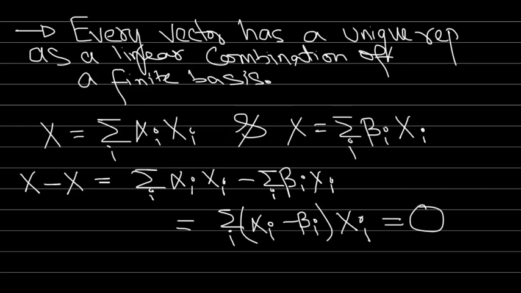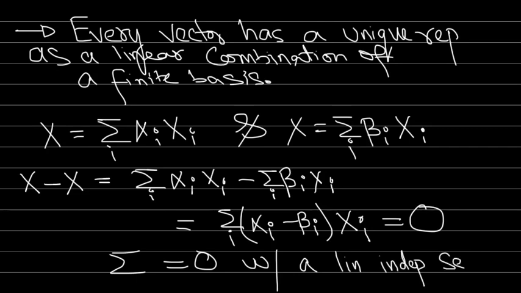But recall that the only way for a sum like this to be equal to 0 with a linearly independent set is that all of the coefficients are 0. So all of these, alpha_i minus beta_i and so on, are 0, and hence we cannot have a different beta_i.